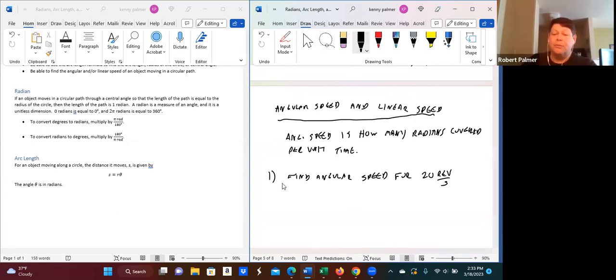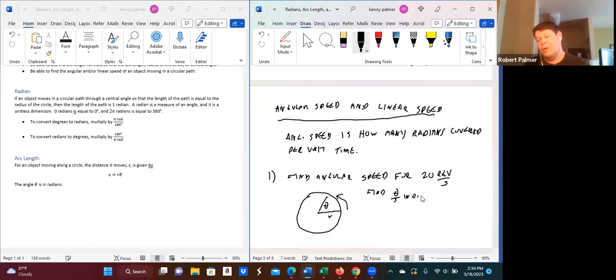So the idea of a wheel, maybe the wheel is turning, has some radius r, and of course some angle theta, and it's turning in whichever direction you want, 20 times per second. So the question is, for this angle theta, find how many angles per second it goes through in radians. That's what we're asking. How many radians do we go through per second? So let's find the radians per second.